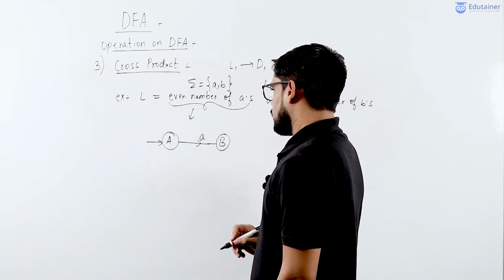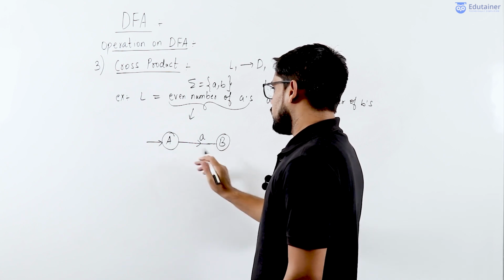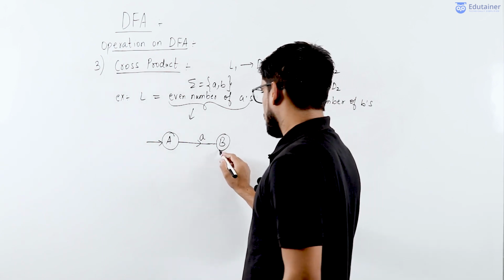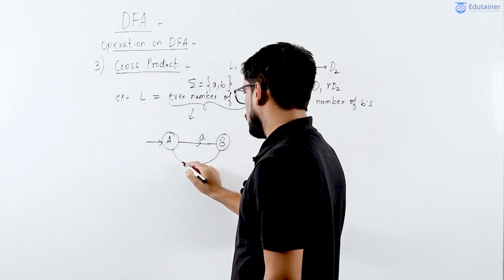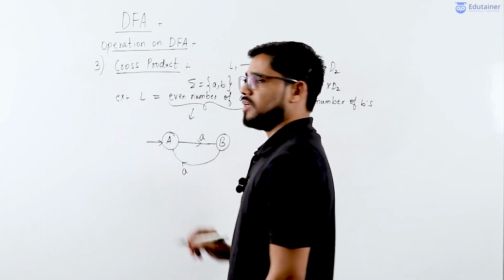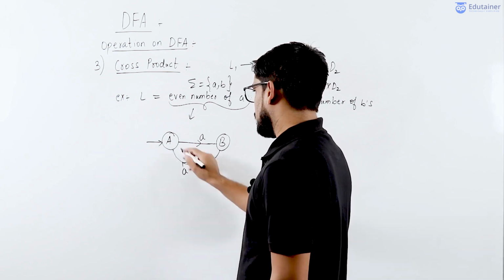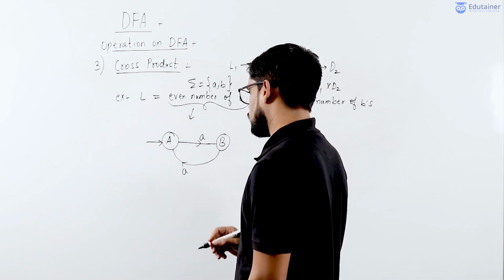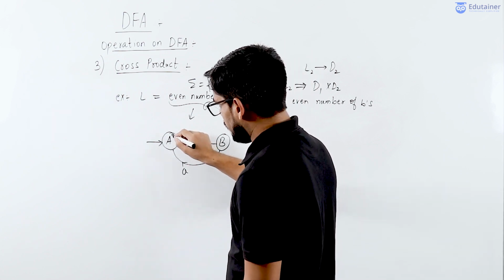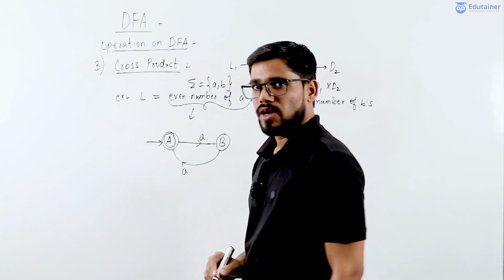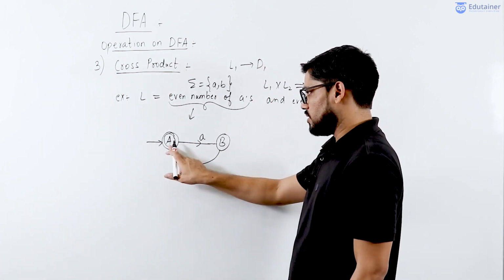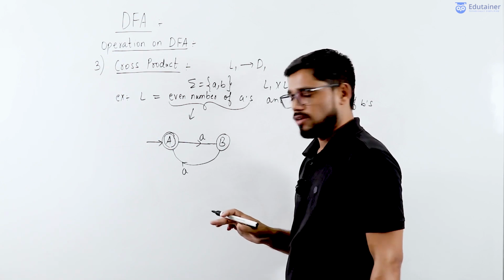Okay, and if I see one more small a, that means I have seen two A's, which is even. On capital B, if I see a, I will go back to the initial state capital A, which means we have seen two A's so far, and this process will repeat. So capital A is the initial state as well as the final state, and capital B is the non-final state.